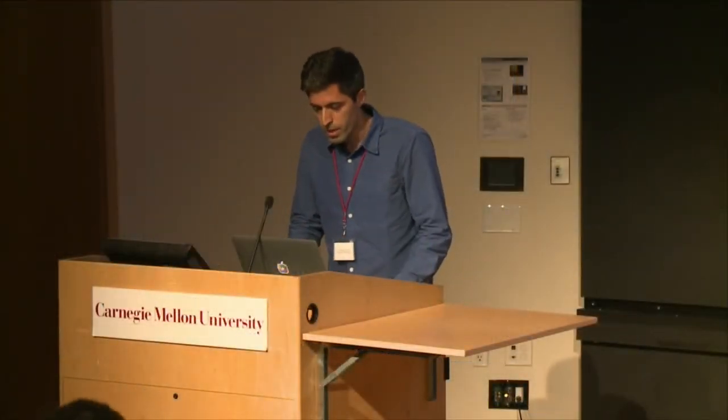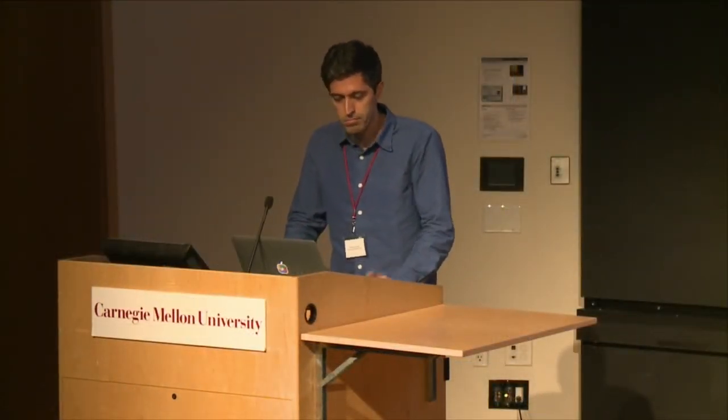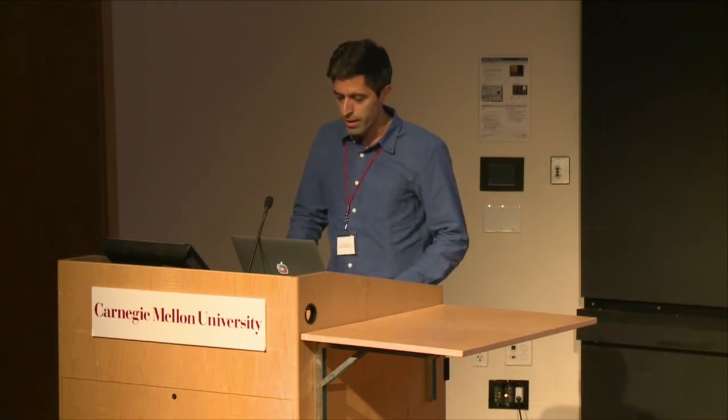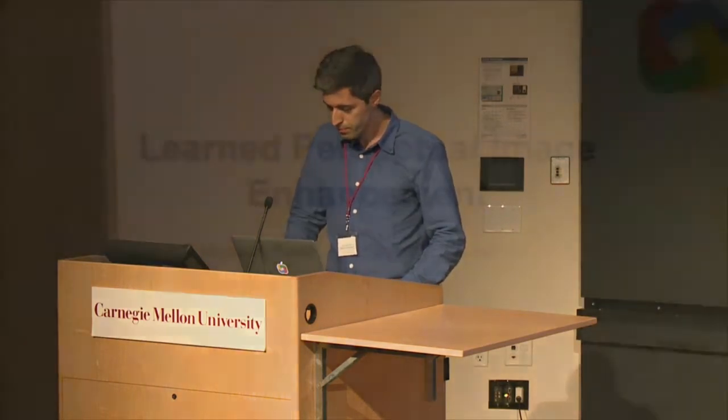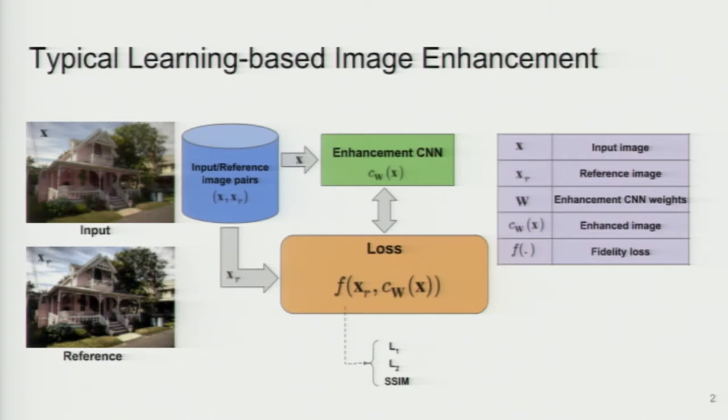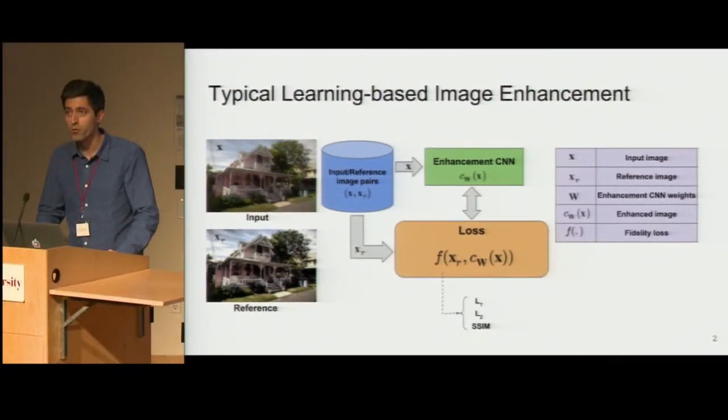Thank you. My name is Hossein Talebi, and I'll be talking about learned perceptual image enhancement. This is a collaboration with my co-author, Peyman Milanfar. The typical way of doing learning-based image enhancement seems to be in a supervised manner in most cases in image processing nowadays.